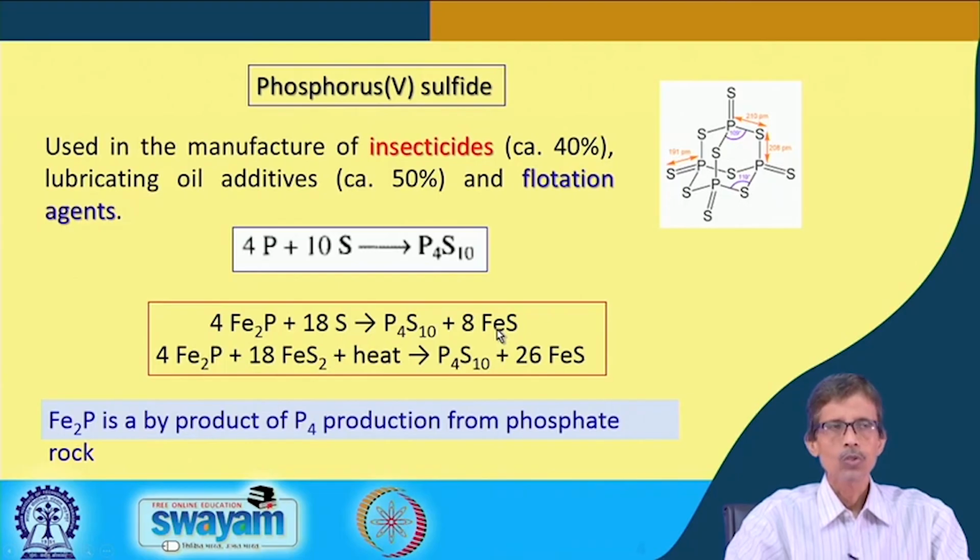So while making P4S10, we are also producing FeS, ferrous sulfide, as the byproduct. If we are careful enough, whatever iron is present in the molecule, while burning with sulfur, we convert it to ferrous sulfide as well as P4S10. So sulfur reacts both ways, with the iron centers giving ferrous sulfide, and the remaining phosphorus present in that ore material reacts with sulfur, giving P4S10.